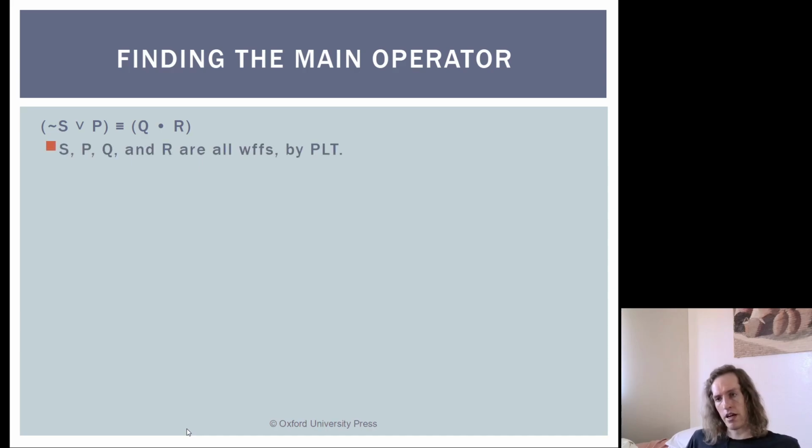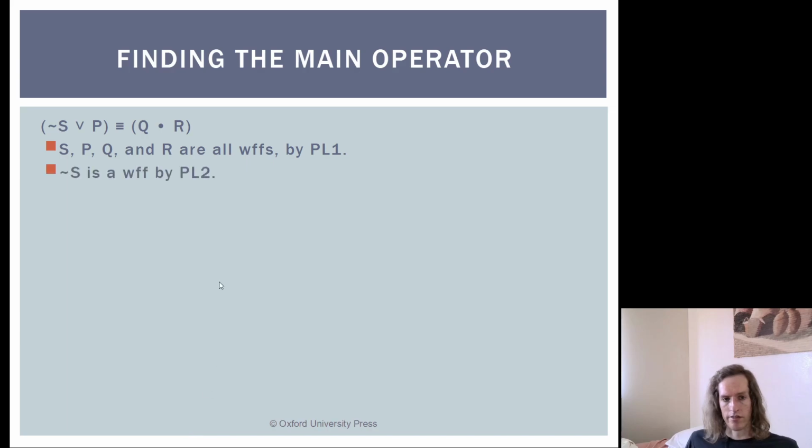So if S, P, Q, and R are all well-formed formulas by PL1, there we go. I have to be more careful with the find and replace. So S, P, Q, and R are all well-formed formulas by PL1. They're just uppercase English letters that stand for some simple sentence.